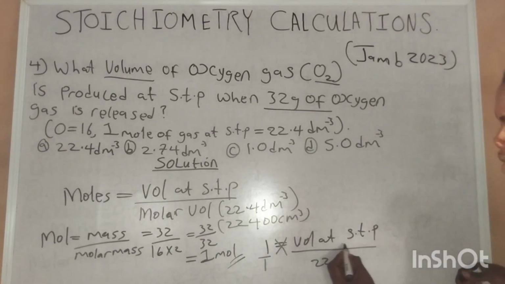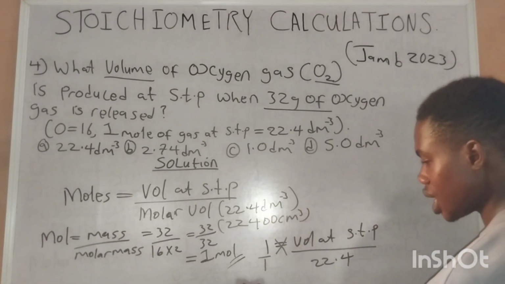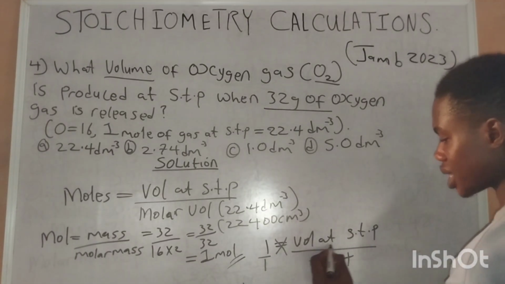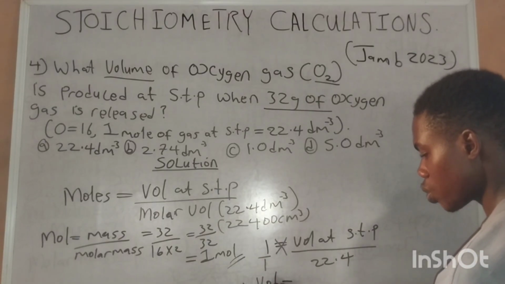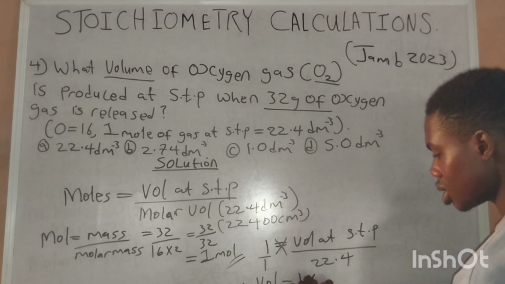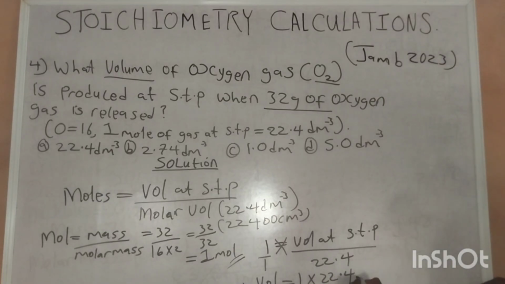So volume at STP times 1 equals 1 times 22.4. So the volume at STP equals 1 times 22.4, which is 22.4 dm cube. So this is the answer for this particular question.